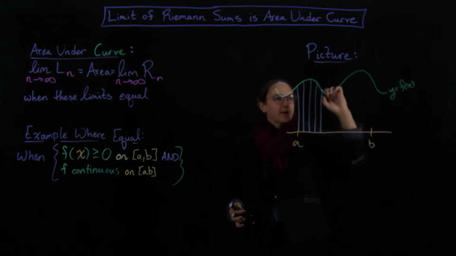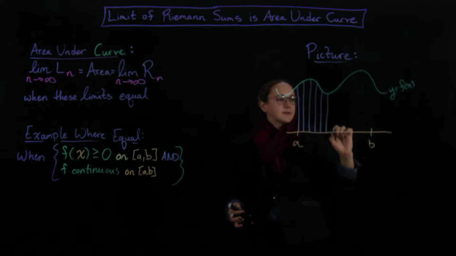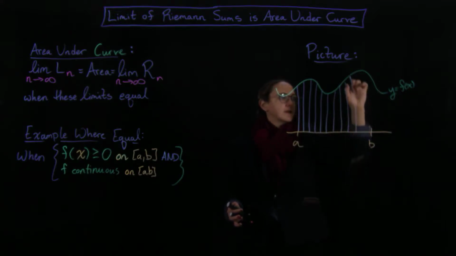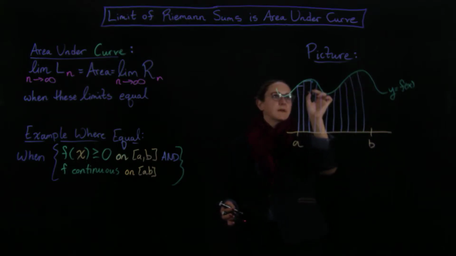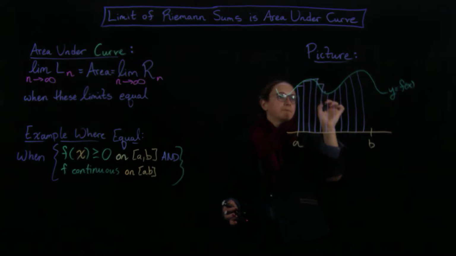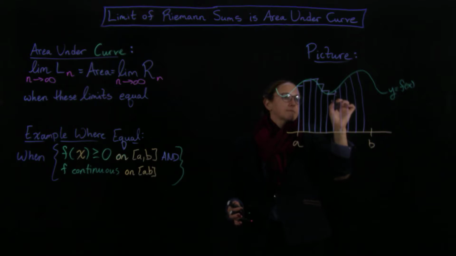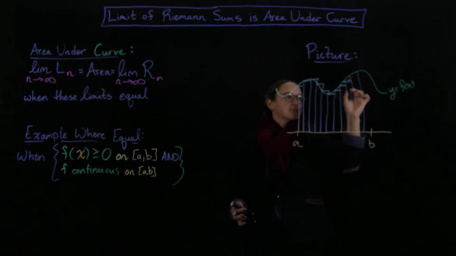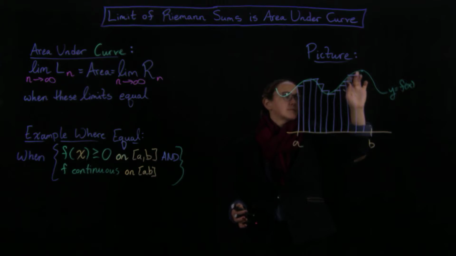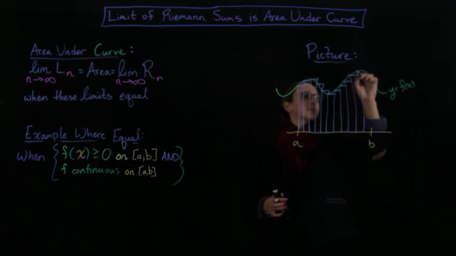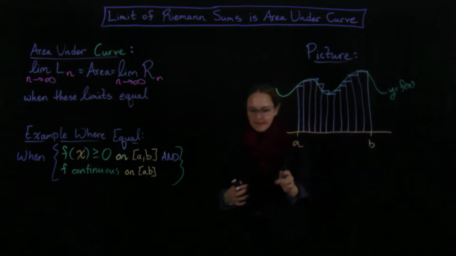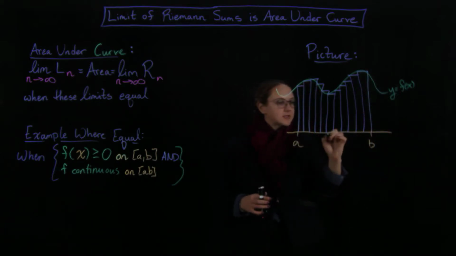I'm chopping up a, b into more and more pieces, and then I'm getting these rectangles above.